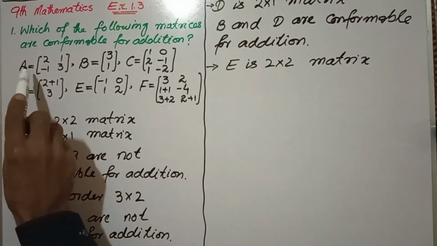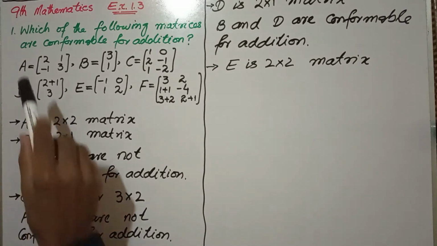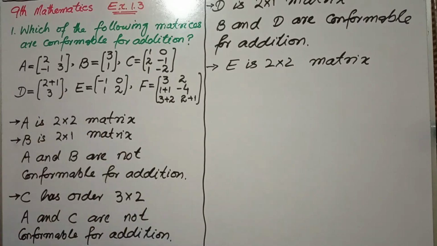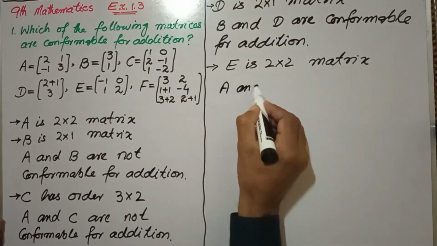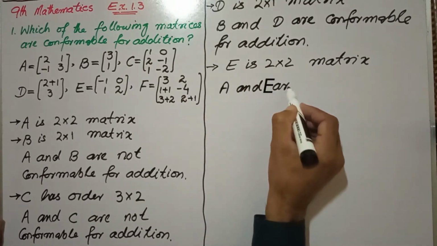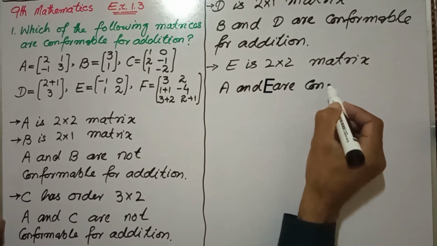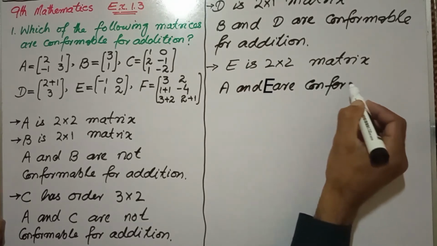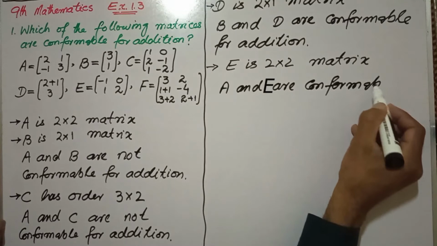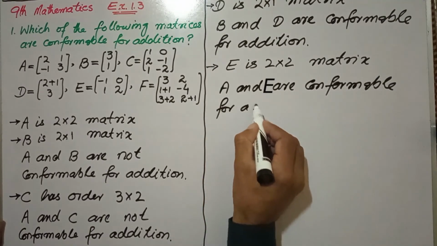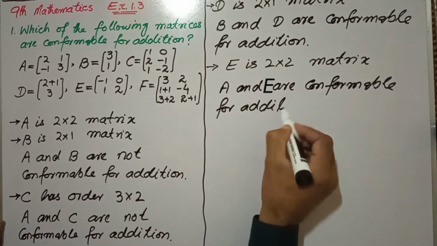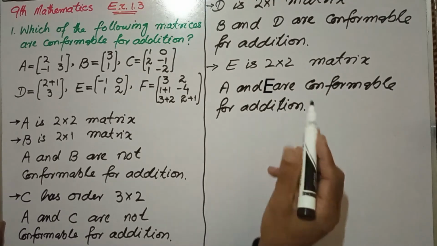We know that the matrix A is also of order 2 by 2. Thus, A and E are conformable for addition.